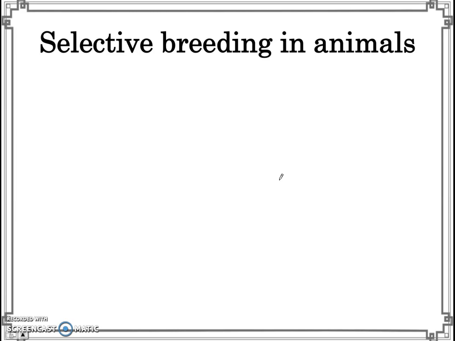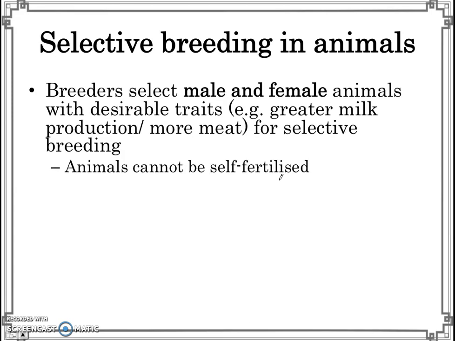Alright, moving on, now we take a look at selective breeding in animals. In the case of animals, it's slightly different from plants. For example, the cows, wanting to produce more milk. What I would do as a breeder is select male and female animals with desirable traits for breeding. So I might select the female cows with a lot of milk, and the male cows with a lot of meat, and breed them together.